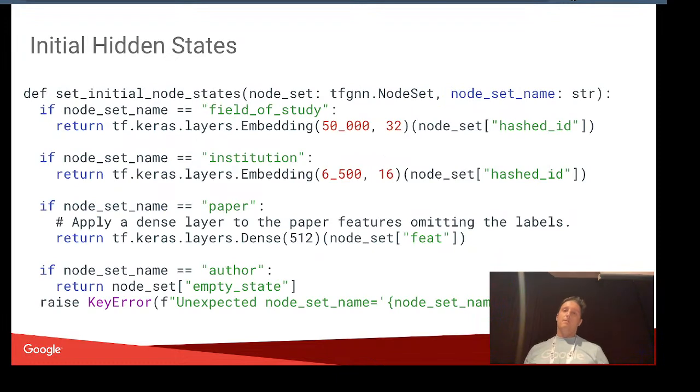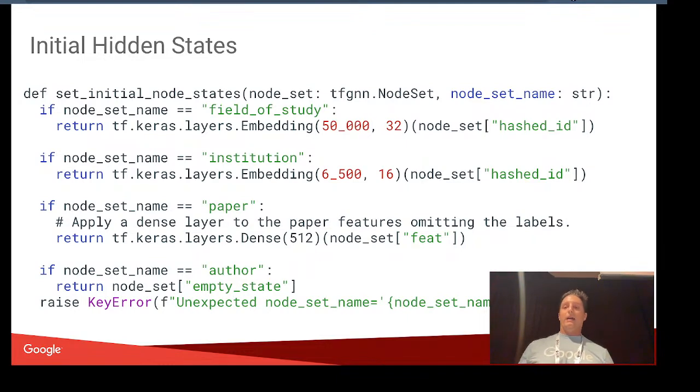There's one key step before we can go on to modeling, and that is initializing the hidden states of our graph tensor. Again, we focus on transformations applied to node sets, but you could have edge set features or graph level features. There's very similar injection points in TFGNN.